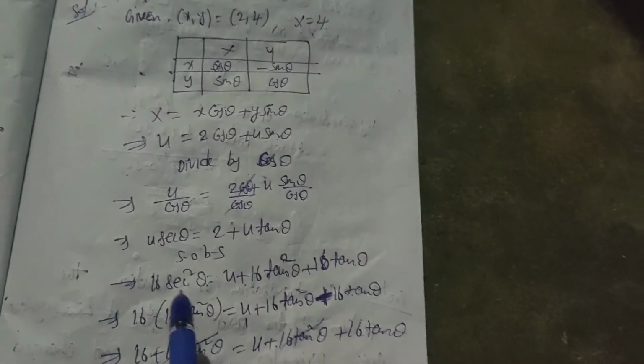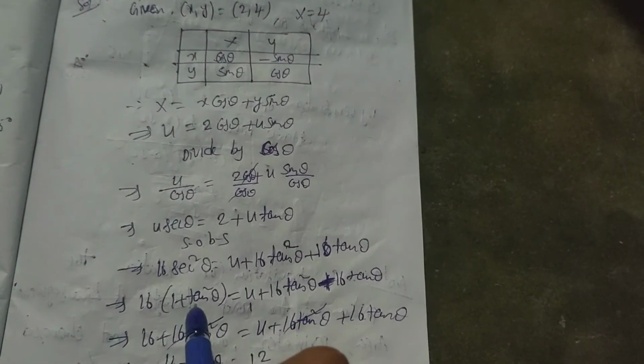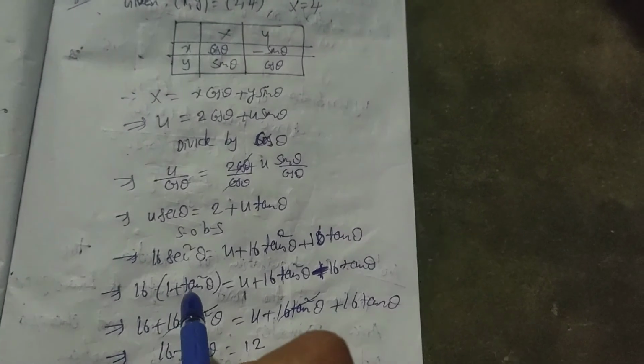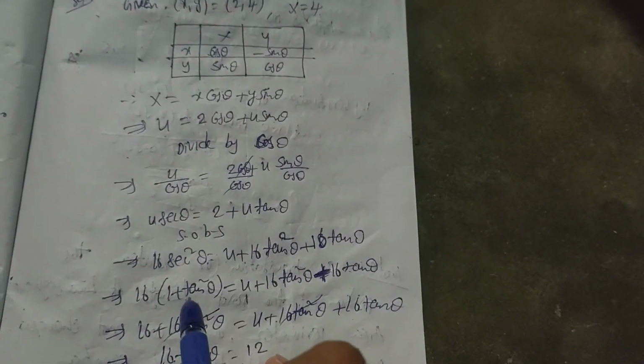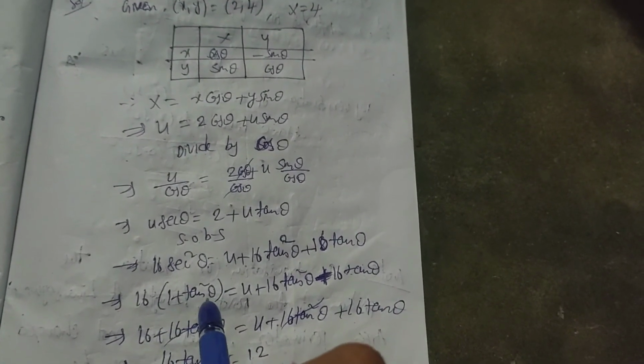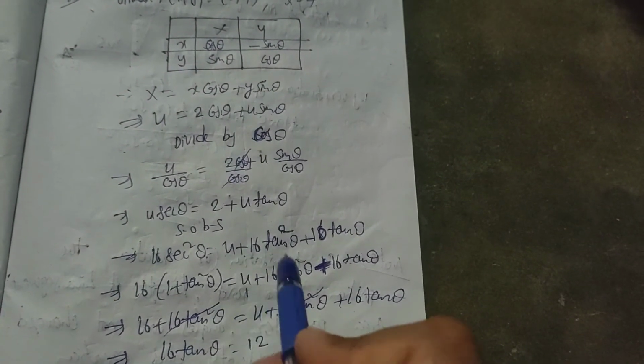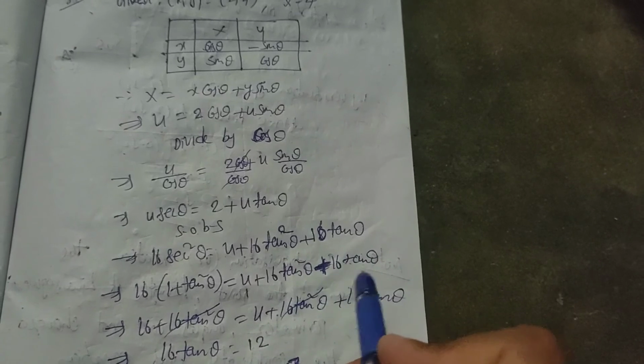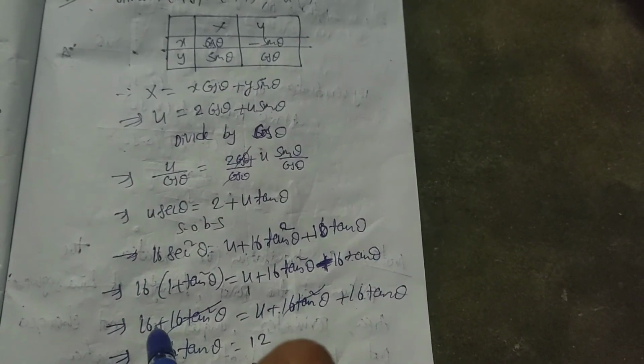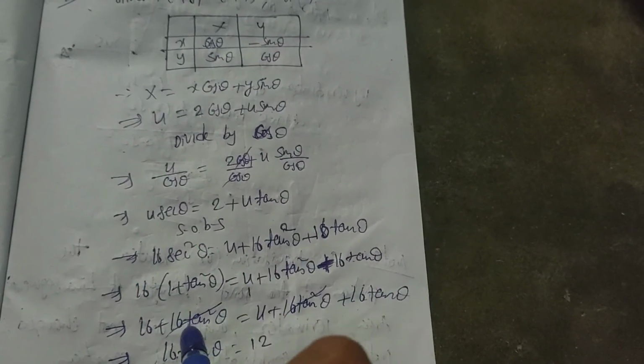Secant square theta we can write as 1 plus tan square theta; this is one of the identities in trigonometry. So 16 into (1 plus tan square theta) is equal to 4 plus 16 tan square theta plus 16 tan theta. So this is 16 plus 16 tan square theta.